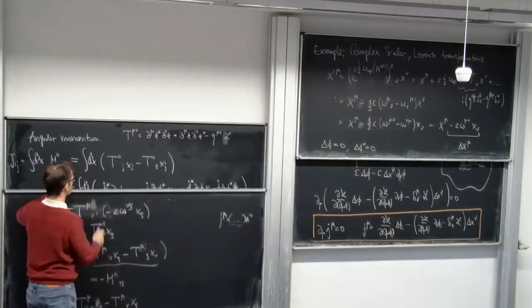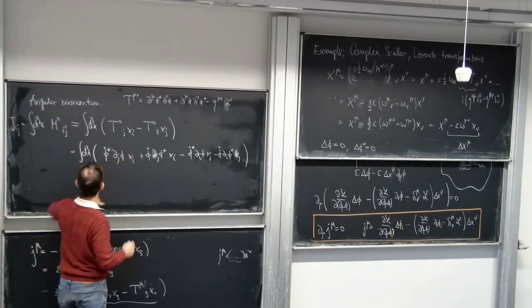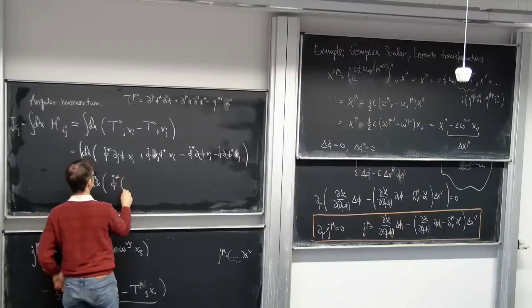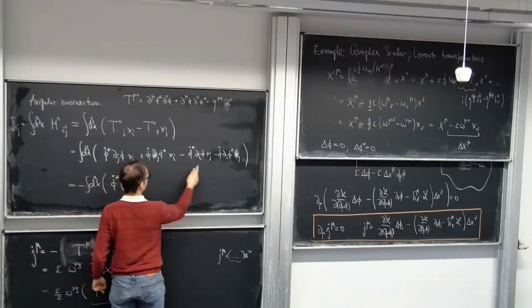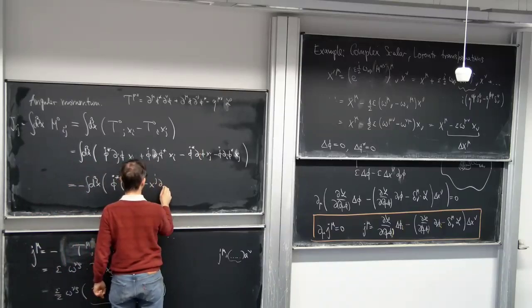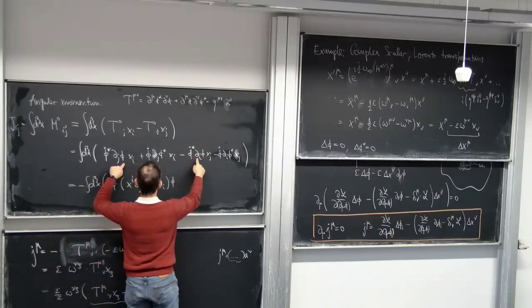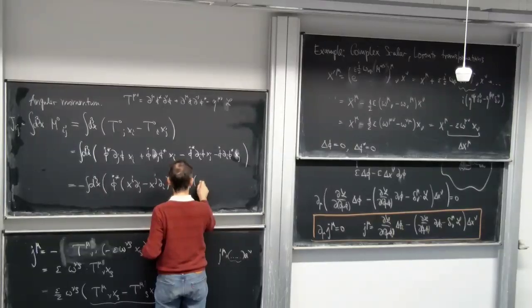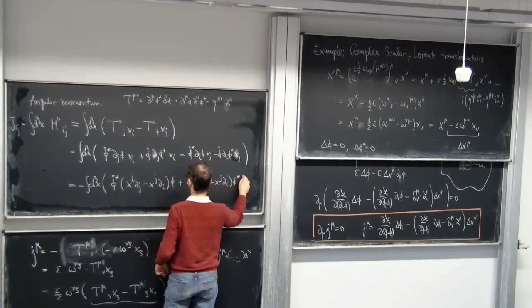We like to hold this index up at the cost of a minus sign, and we write it as x^i d_j minus x^j d_i acting on phi, and then plus the other order, with the star, phi dot x^i d_j minus x^j d_i on phi star.